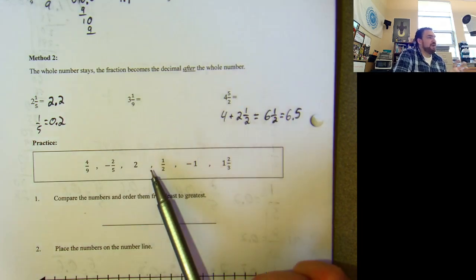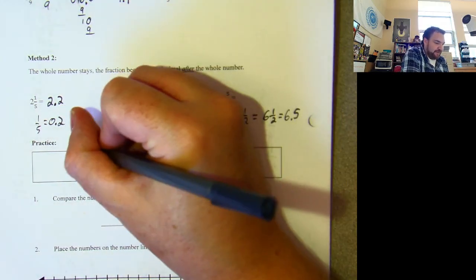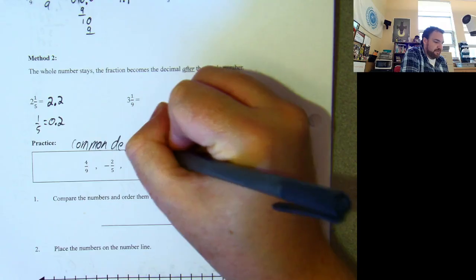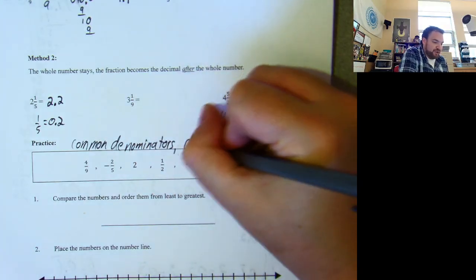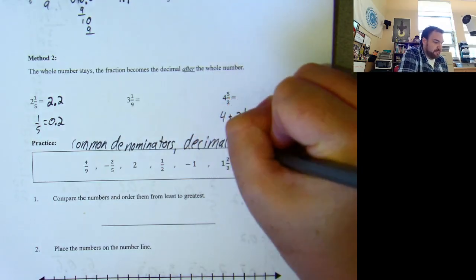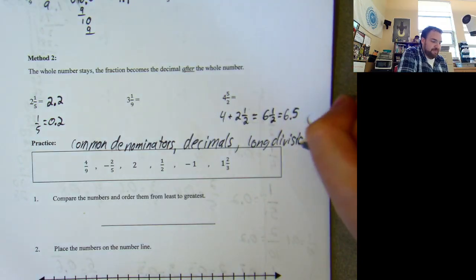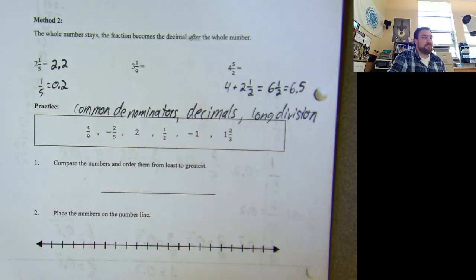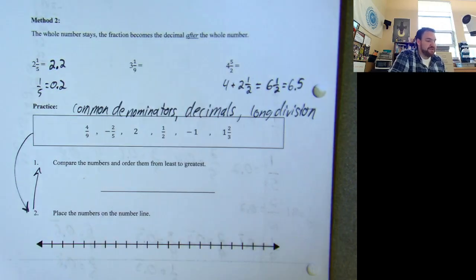I want you to use whatever skills needed from the stuff that we've looked at today, things like common denominators, decimal conversion, or long division, to order those 6 numbers. If you want to use the number line first, give me the number line and then go up here and give me those numbers.